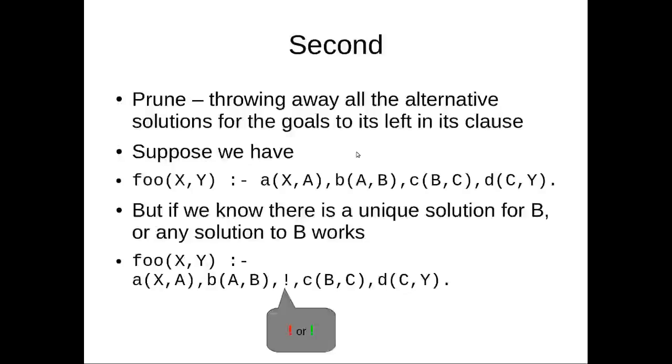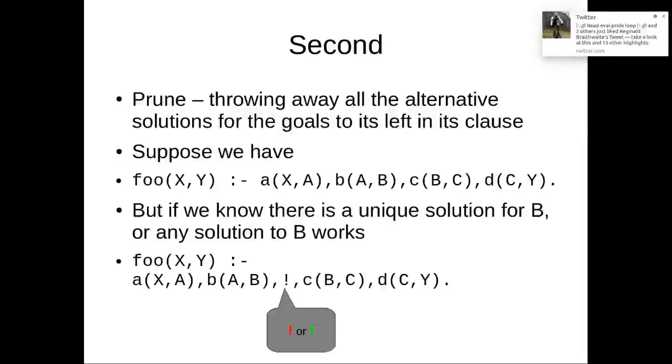So if we have foo that presumably goes from x to y, x is in and y is out, then we go from x to a, and then a to b, and then b to c, and c to y. That's great. There's going to be a lot of backtracking if we have a large number of these A, B, C, and D's solutions. But suppose that we know that there's a unique solution for B. We just don't expect to see anything other than a single solution at that point.